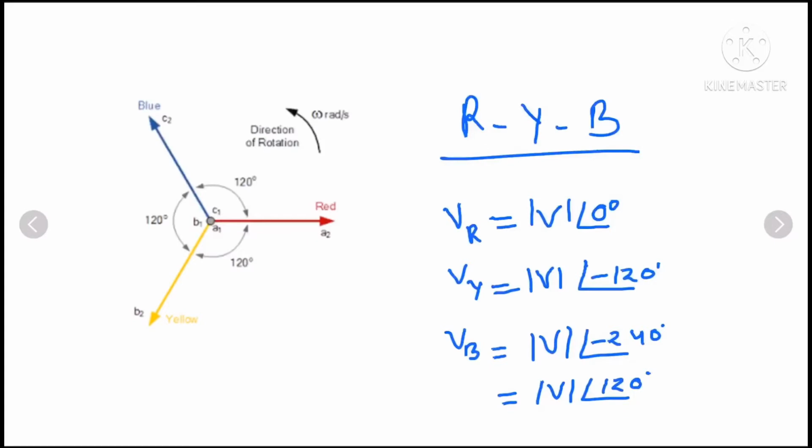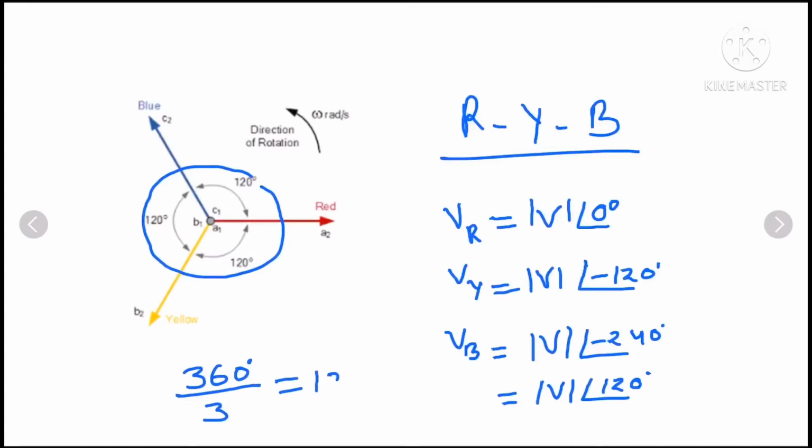So each voltage is displaced by 120 only. And how is it? Because the overall angle is 360 and we have 3 phases, so we have 3 voltages or 3 currents. If we divide 360 by 3, it will be 120. That is how we get the 120 angle displacement.